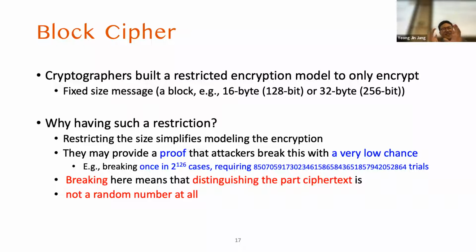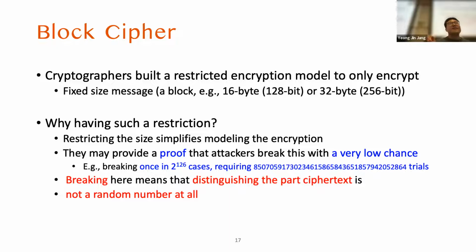It will be restricted to a 16-byte message to 16-byte message mapping. So restricting the size makes the mathematical model for the cryptography simpler. And with a simpler model, cryptographers can provide a proof that attackers can never go below a certain lower bound for breaking the crypto.